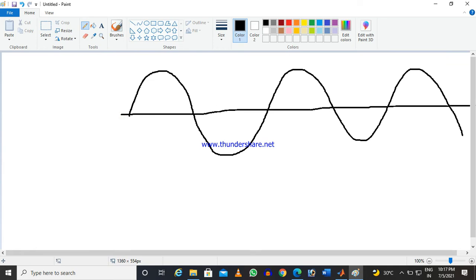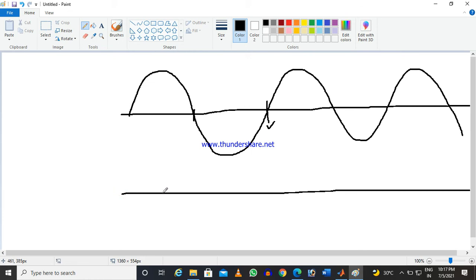So if this is a signal, it's a sinusoidal signal. Say this is a 50 hertz signal. So this is my 10 millisecond and this is my 20 millisecond. Now one signal is starting here, another signal is starting from here.